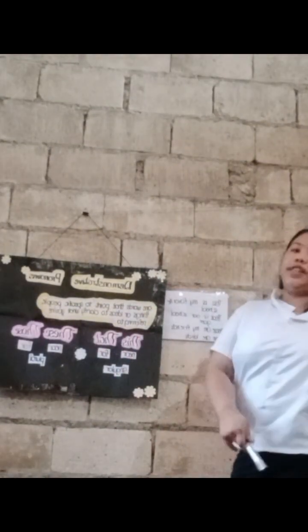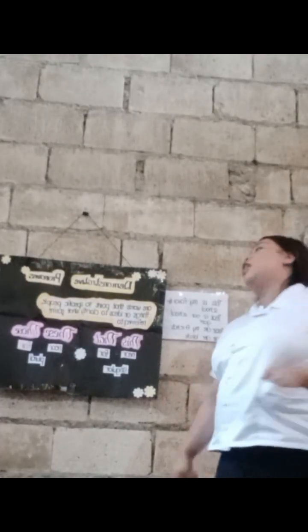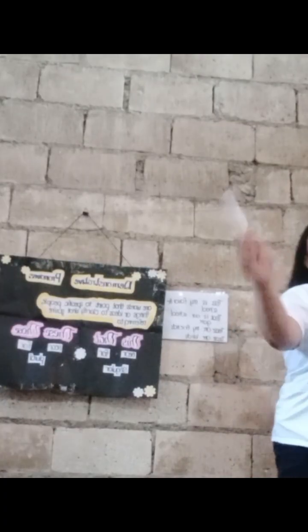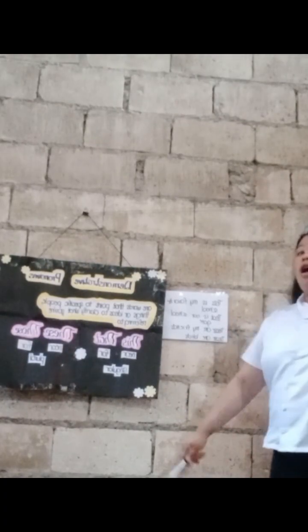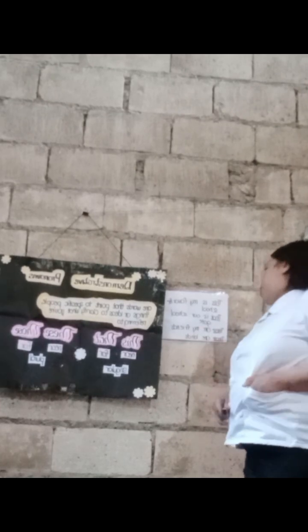Try to look at this example on the board. This is my favorite school. Another example, can you read it? Very good. That is our school gate. Another example: These are my friends.